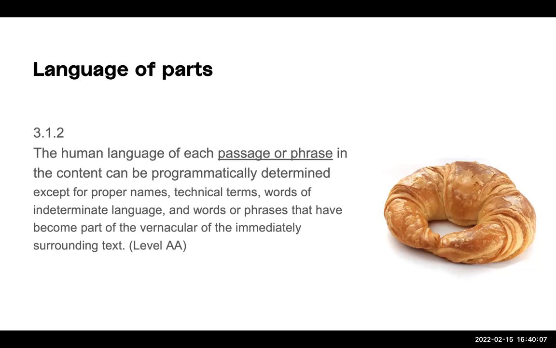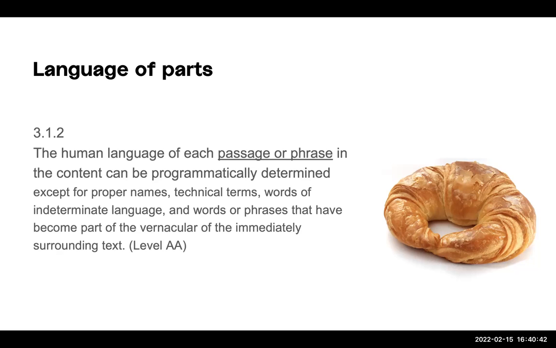Okay, so the underlying principle of this success criterion is that the human language of each passage or phrase in the content can be programmatically determined, except for proper names, technical terms, words of indeterminate language, and words or phrases that have become part of the vernacular of the immediately surrounding text, like this one.